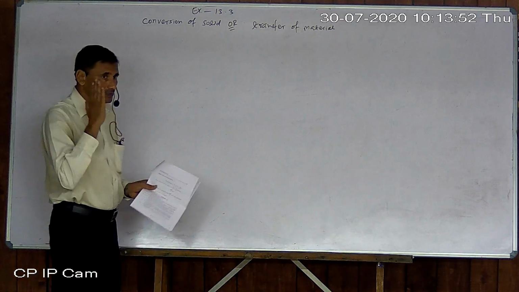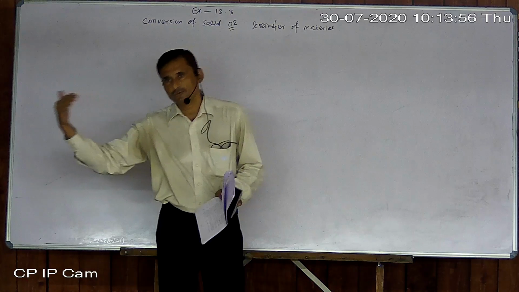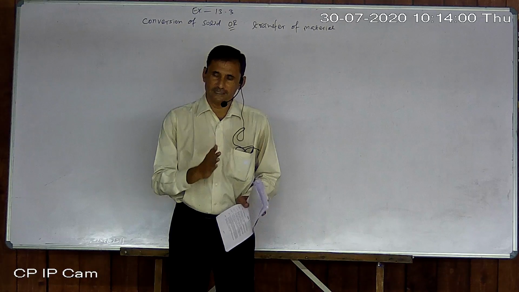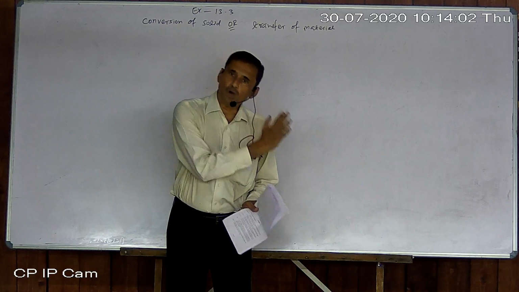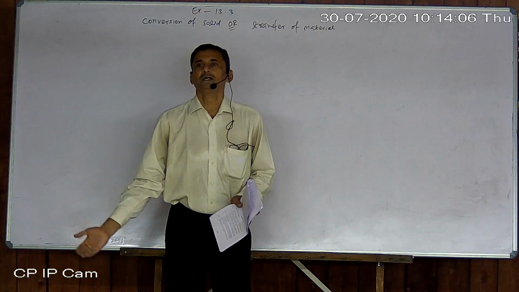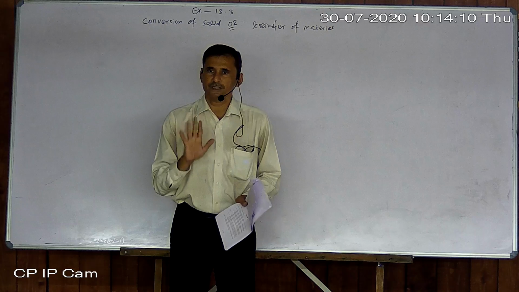So you first be clear what was before and what is afterwards. Suppose I give you an example. Before it was a cylinder and now it is a sphere. Okay, so you understand? So you just compare that way.